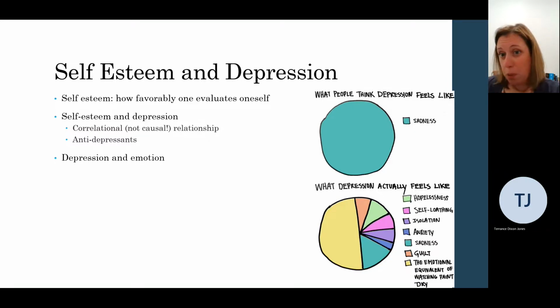There were also questions about depression and emotion. One of the questions was about how the chapter says that emotion is a response to an event, and depression seems like a response to something that's not necessarily specifically happening in the moment.